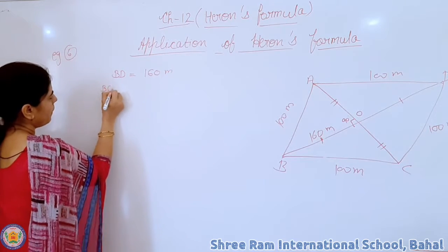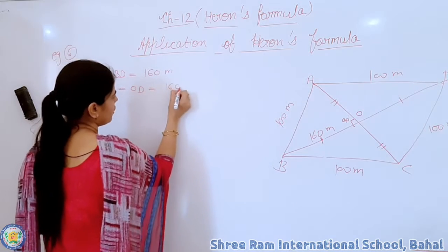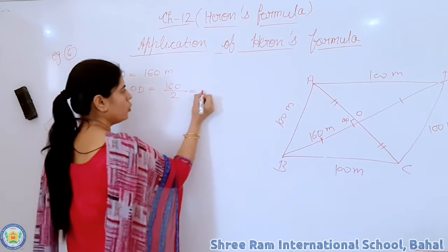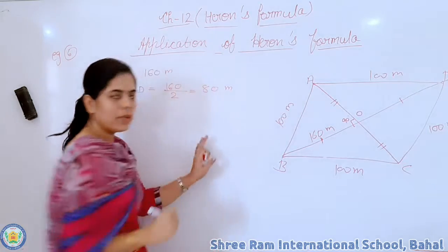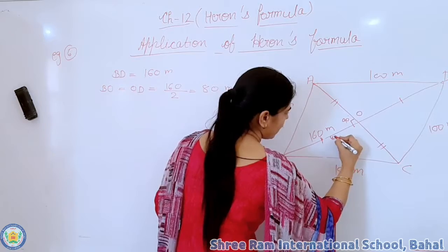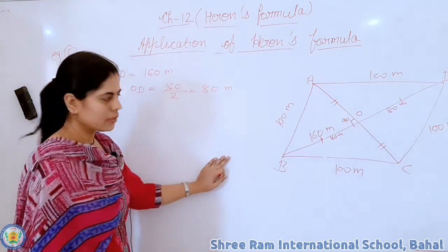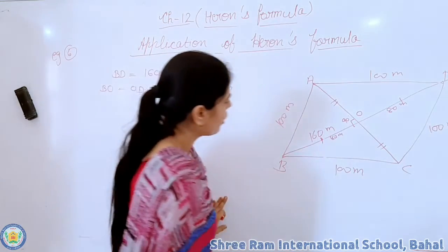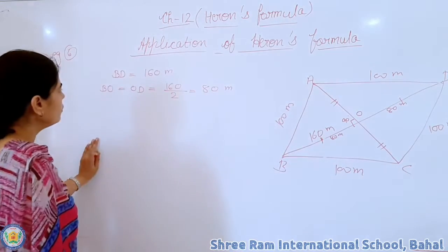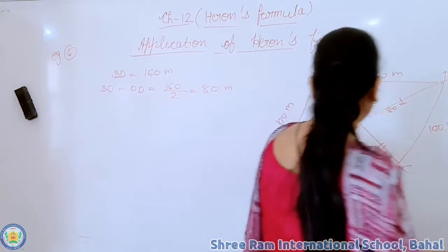Therefore, BO is equal to OD, which is equal to 160 divided by 2, that means 80 meter. Now we have this is 80 meter and this is 80 meter. Clear? Now what will we do? We will find out the value of OC.